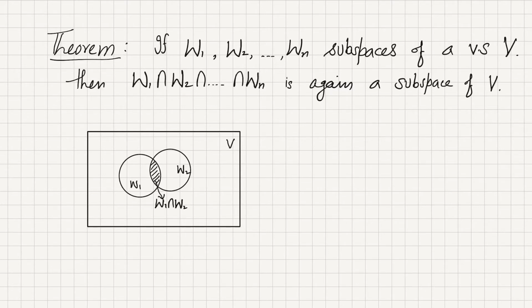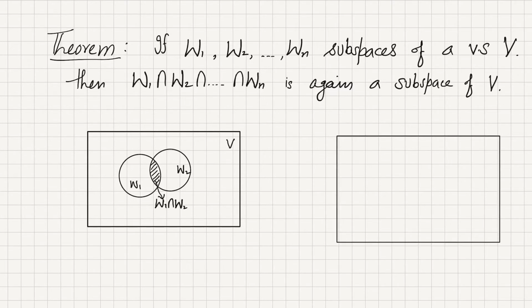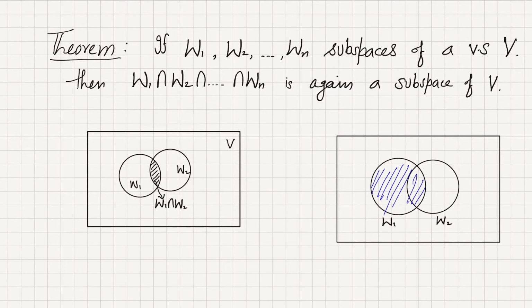Again, suppose we have a vector space V and two subspaces W1 and W2. If we take the union, it means this whole shaded region. So this is W1 union W2, and it will not be a subspace.